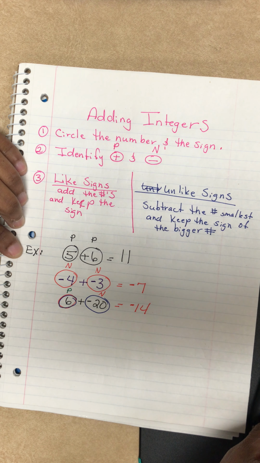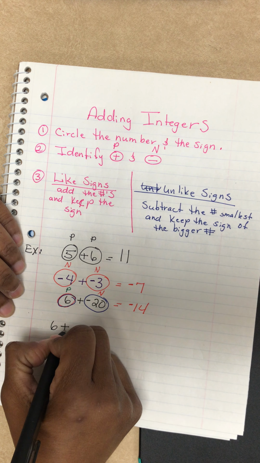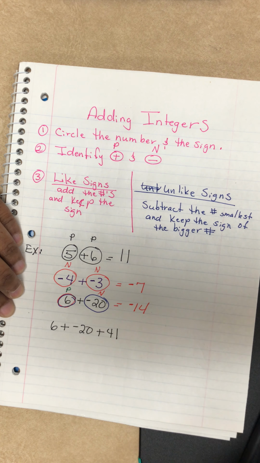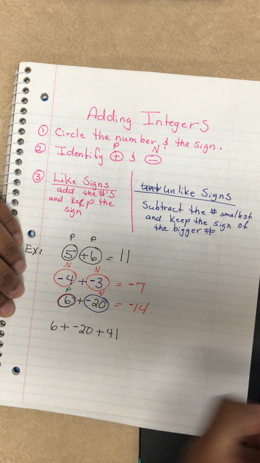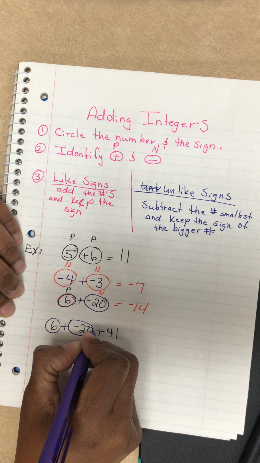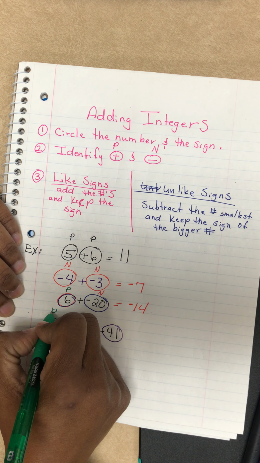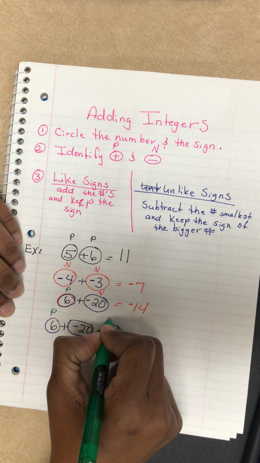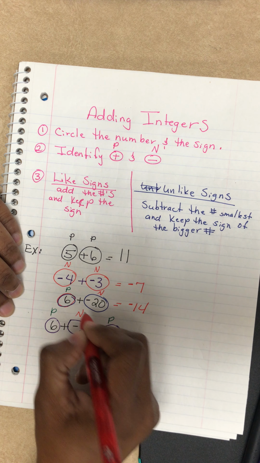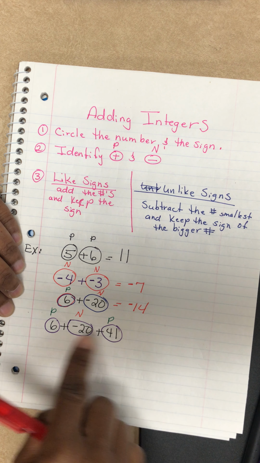Let's do a little harder one. 6 plus negative 20 plus 41. Circle our signs. So here we have a positive and a positive, and here we have a negative. So let's put our like signs together. We can go left to right.